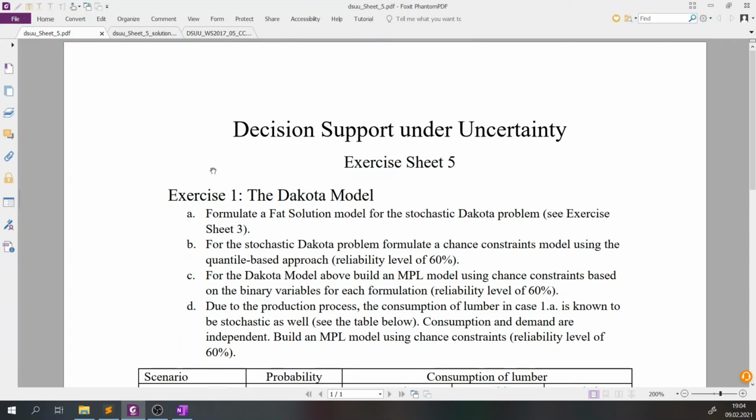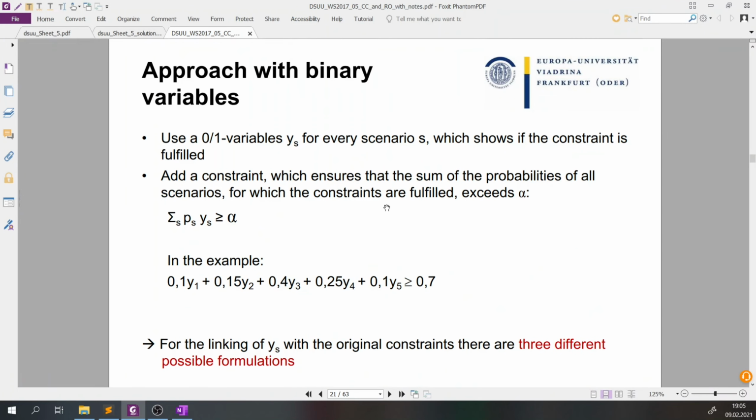To implement it, we need to add some objects to our current model. So if I go to the lecture, first we want to add this constraint, which is the sum over every scenario of the probability of the scenario multiplied by variable ys.